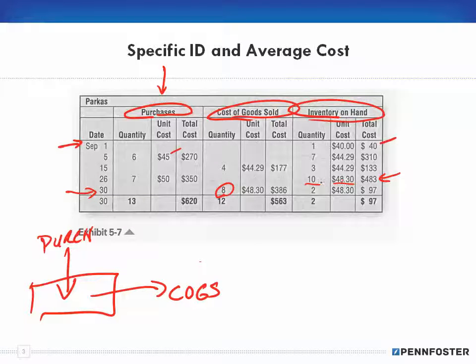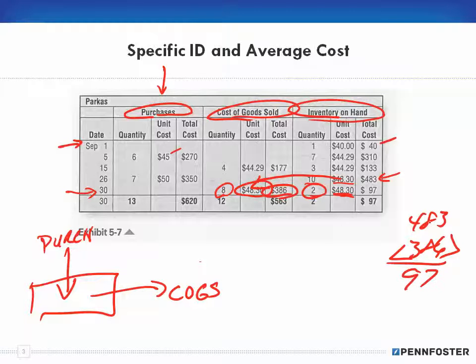Well, again, when they come out, the 2 that remain in there, the unit cost stays the same, because the 8 at 48.30 has a value of $386. That's what's coming out. I have 483 less the 386 that I had taken out, means now I only have $97 in my inventory, but the unit cost for each one stays the same.